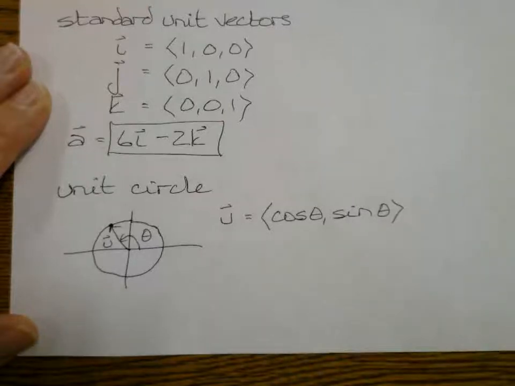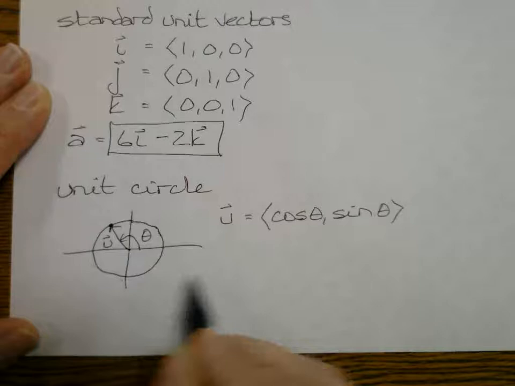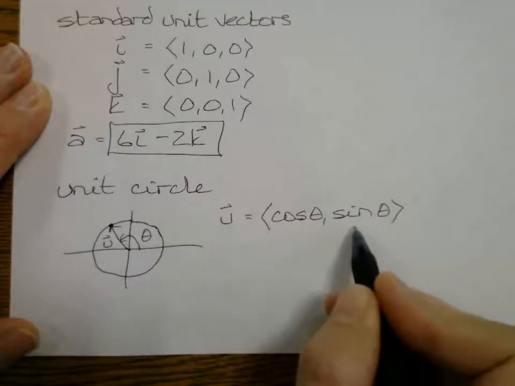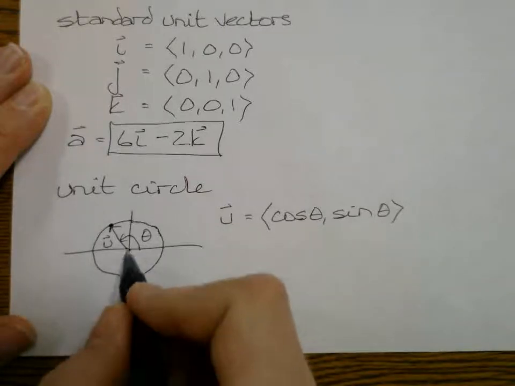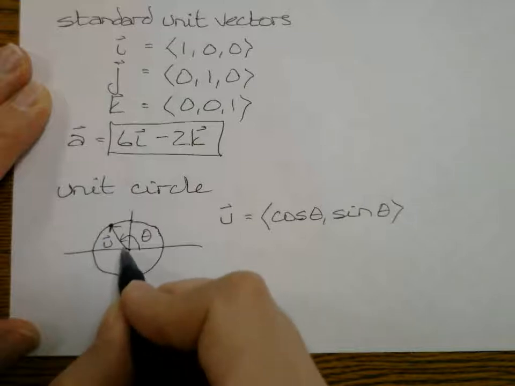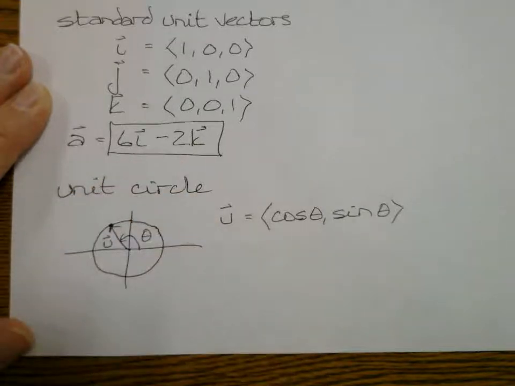Well, suppose it's like the 5-unit circle or the 12-unit circle instead of the unit circle. The angle is the same, the cosine theta and the sine theta. The only difference is we have to go out farther to get there.